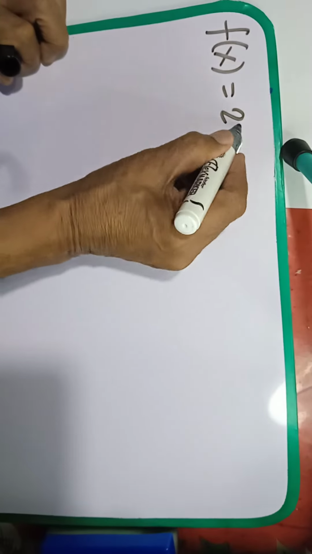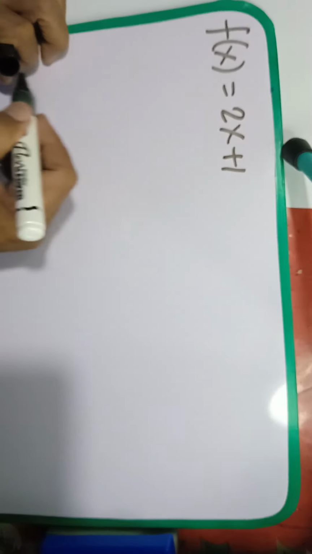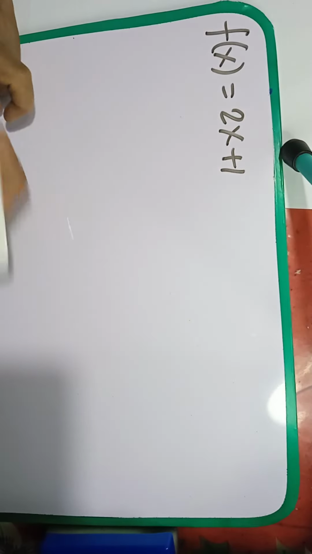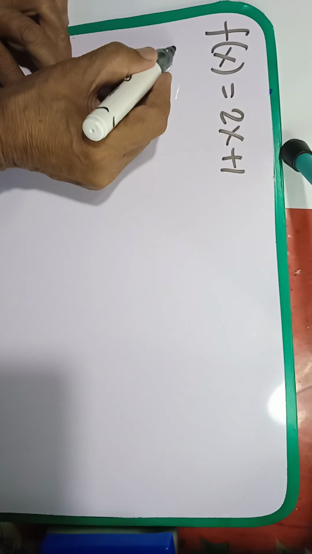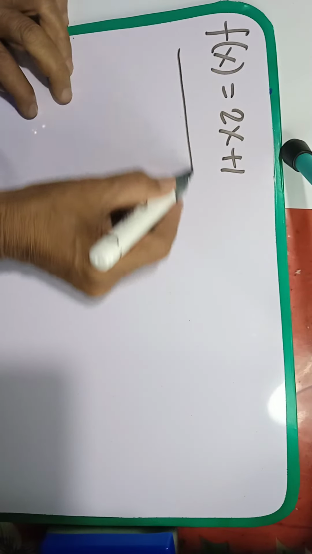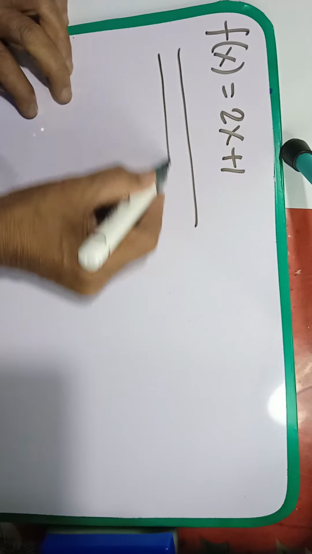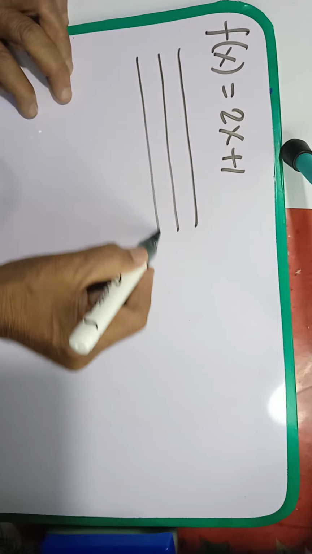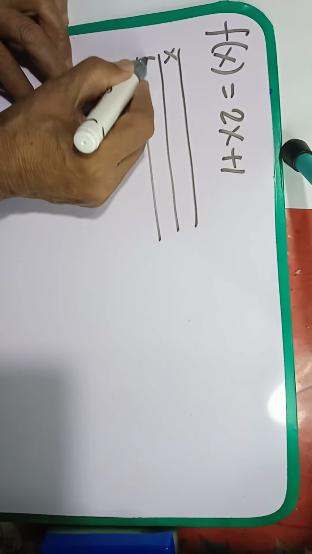Supposing we have, for example, our one-to-one function is f of x equals 2x plus 1. Okay. Its table, we'll draw a table. Okay, x, y.